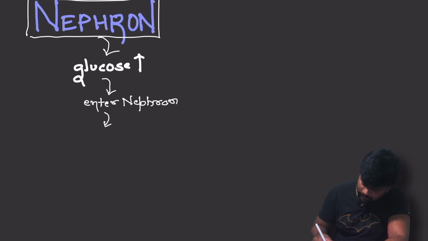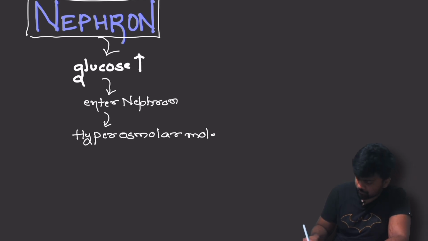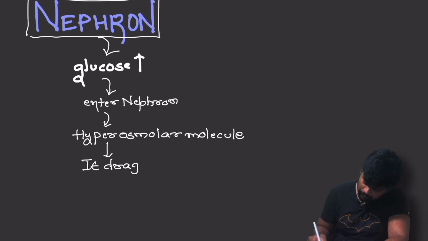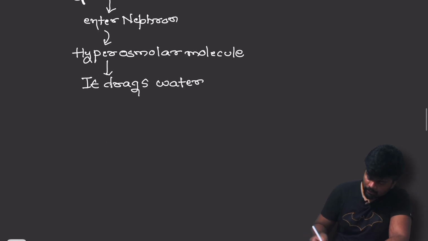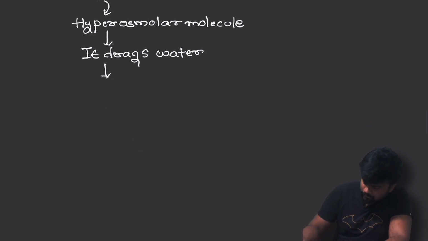As glucose is a hyperosmolar molecule, it drags water with it. So that leads to polyuria.